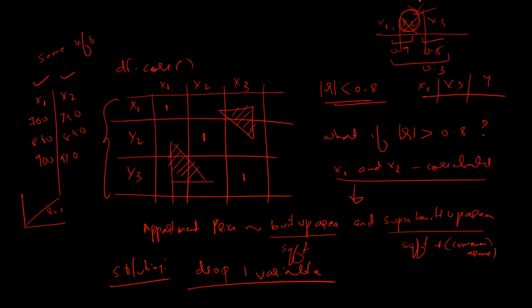Because both x1 and x2 are giving me the same information and it is 100% correlated. I don't see the point in using both the variables. I can just drop one variable and go with the other. Is this clear?